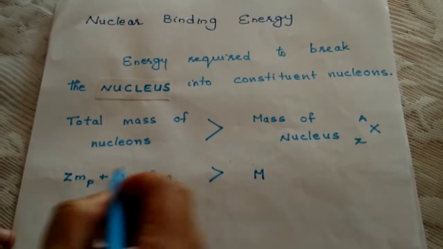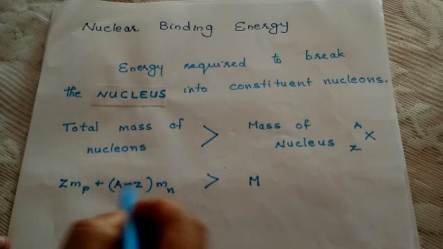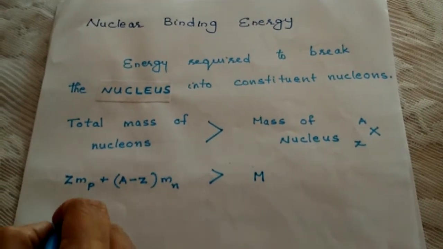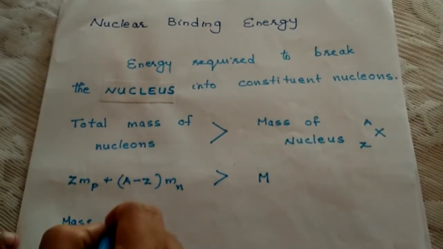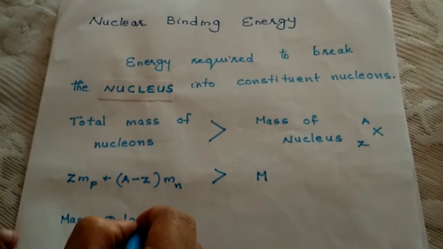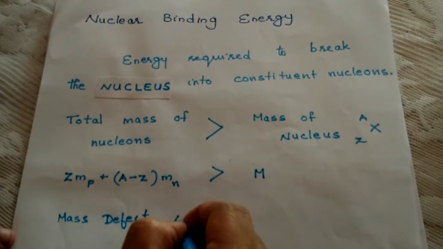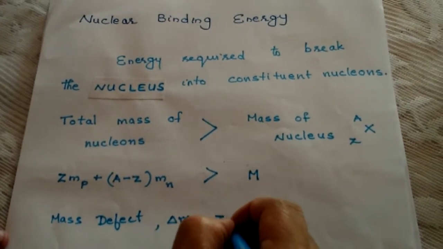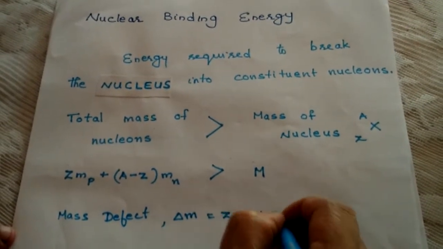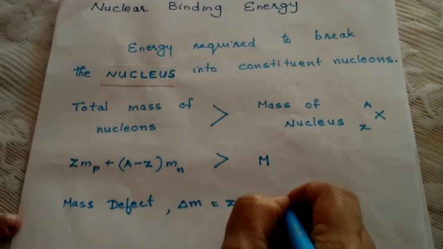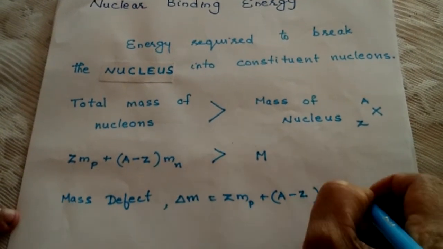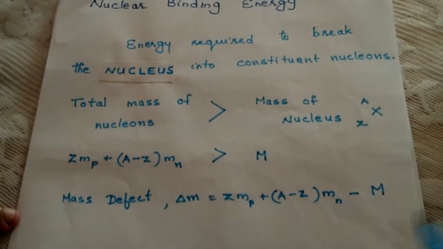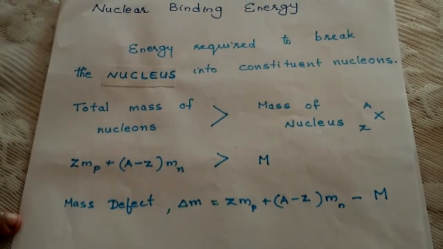The difference in mass is known as mass defect. Mass defect, the difference in mass delta M, is equal to Z mp plus (A minus Z) mn minus mass of the nucleus.